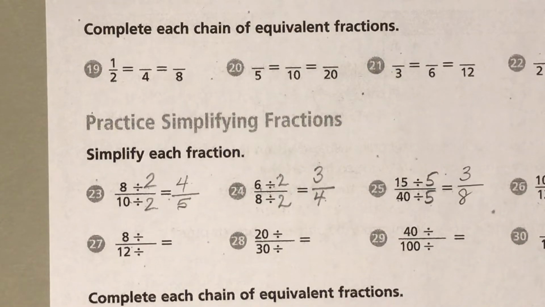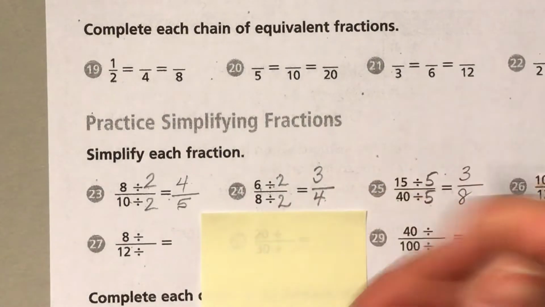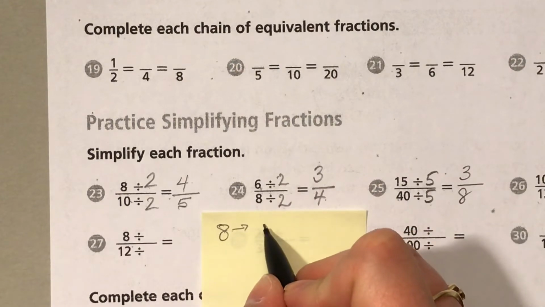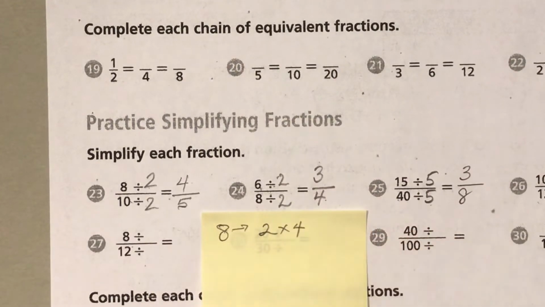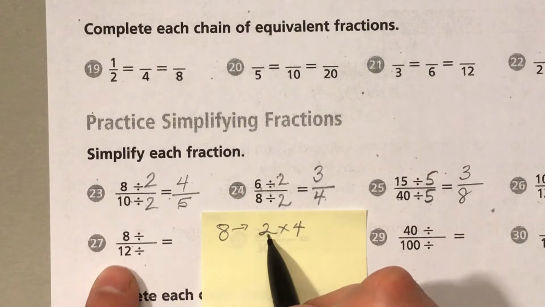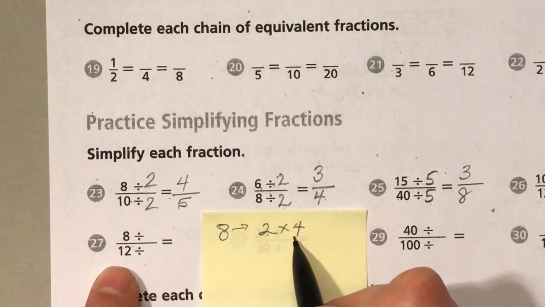All right. Should be coming back to me. There is 1 fact family for 8, and that is 2 times 4. When I look at 12, can 12 be divided by 2? Yeah. Can 12 be divided by 4? Yep.